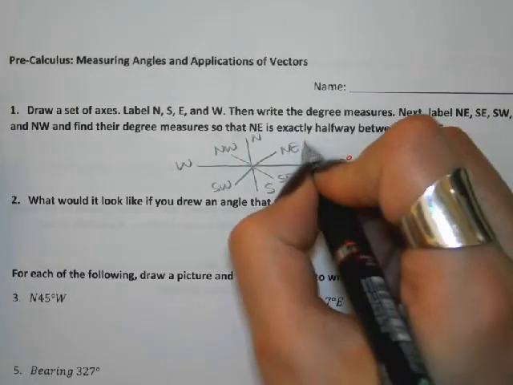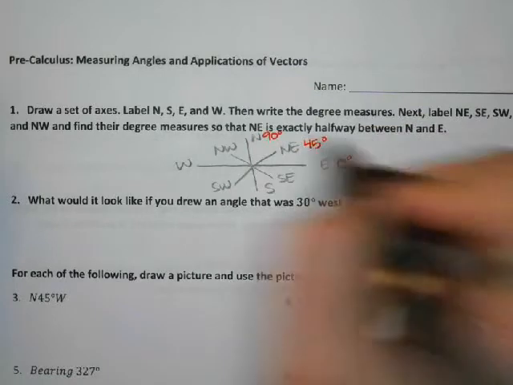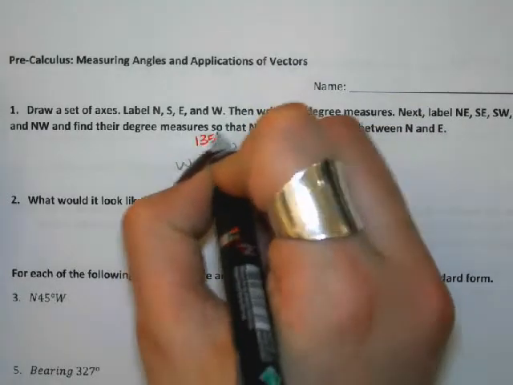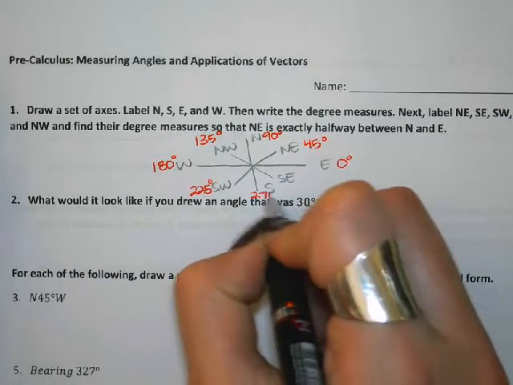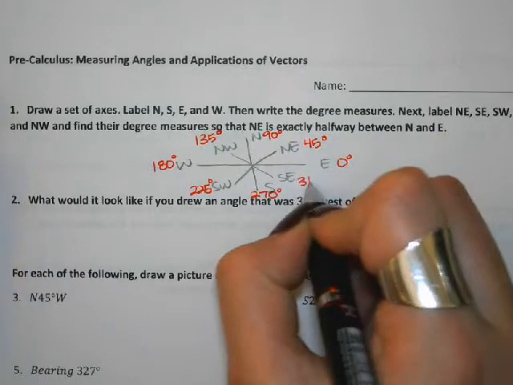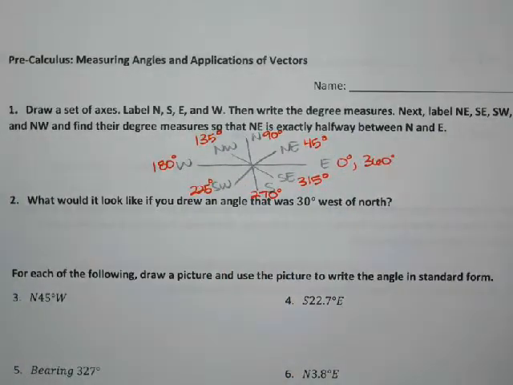So 0 degrees, 45 degrees, 90, 135, 180, 225, 270, 315, back to 360.